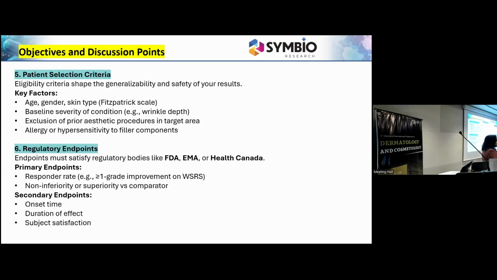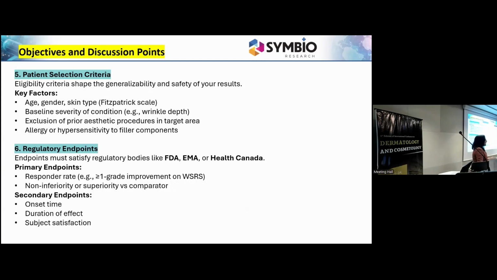When we think about inclusion-exclusion criteria in any sort of protocol, as a non-physician, whenever I'm planning a statistical analysis plan, I just run through it. But while I am designing a protocol, I have to understand why this inclusion-exclusion criteria is there.